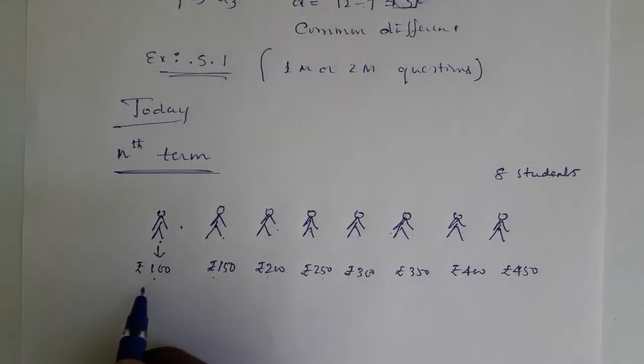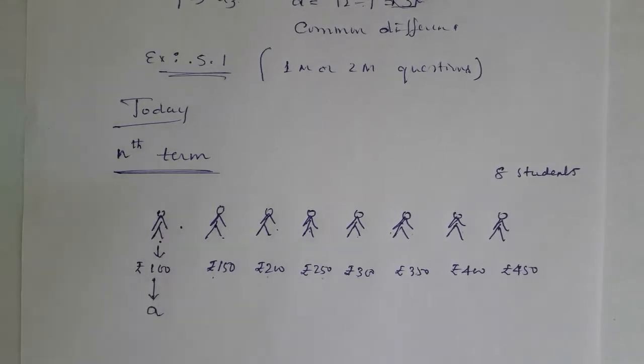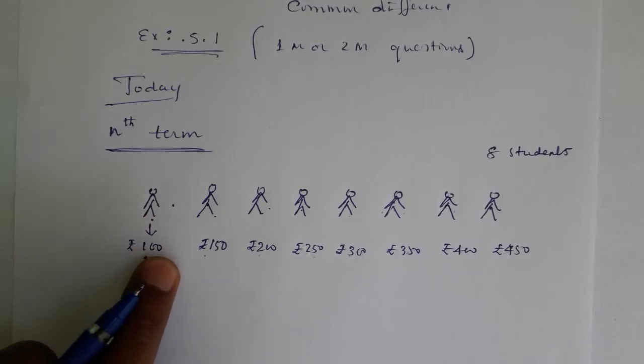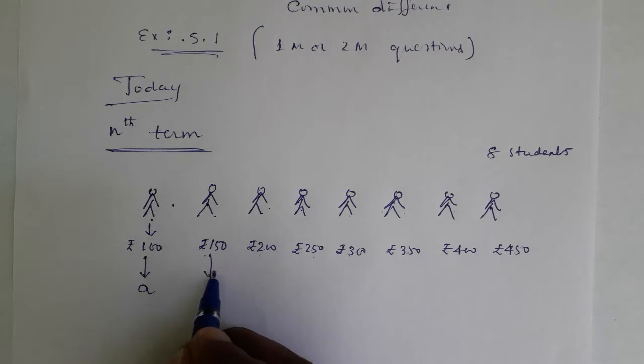When we see who is standing first, he is called person A1 or A, the first man, that means the first term. He has the value 100. The second standing man is A2, the second term.